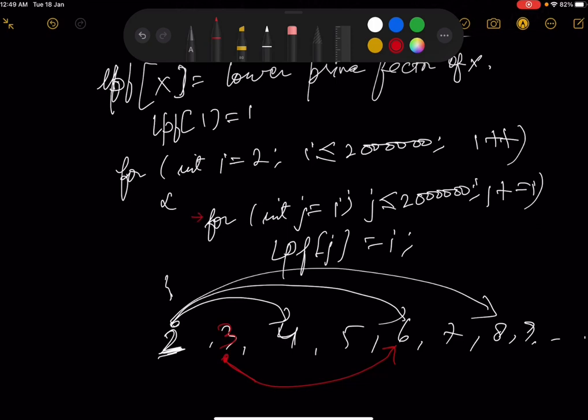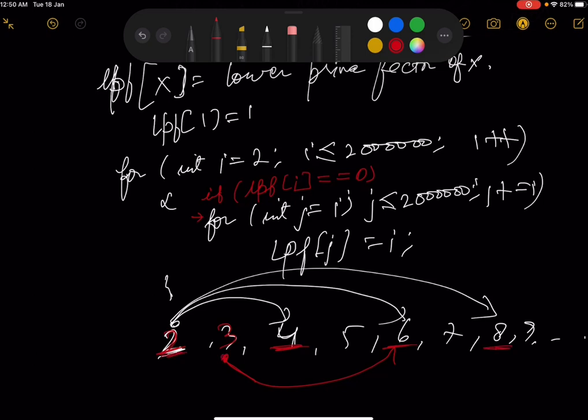Before running this loop, you can check whether LPF of I is equal to 0. Initially you initialize the LPF array with all zeros. If LPF of I is equal to 0, which means the LPF has not been found till now, then only you update. For example, we updated the LPF of 4, 6 and 8 with 2.